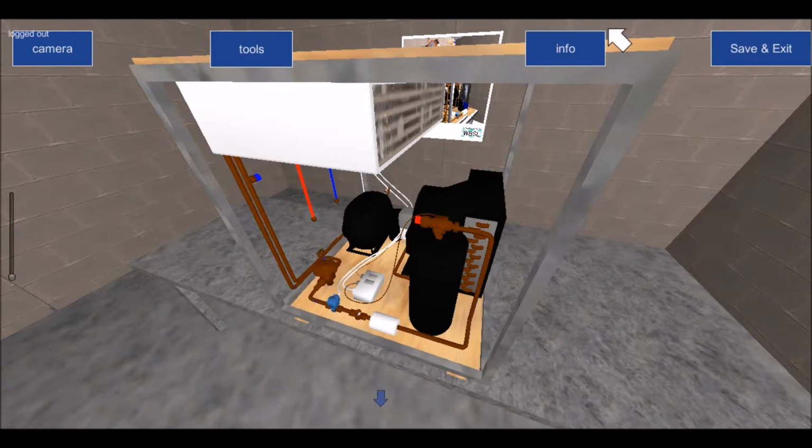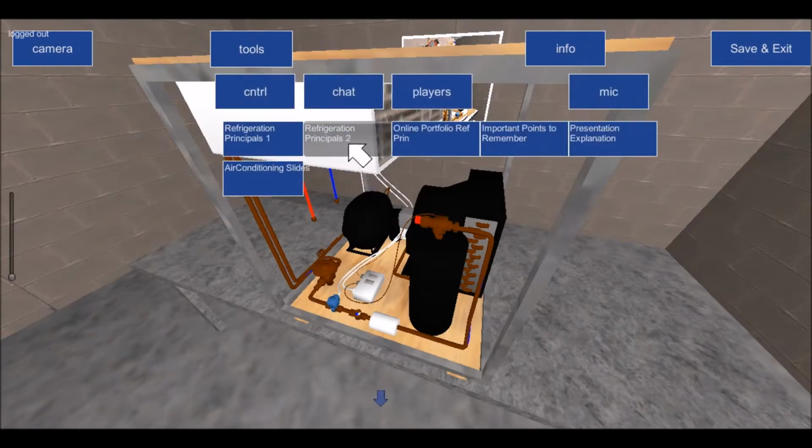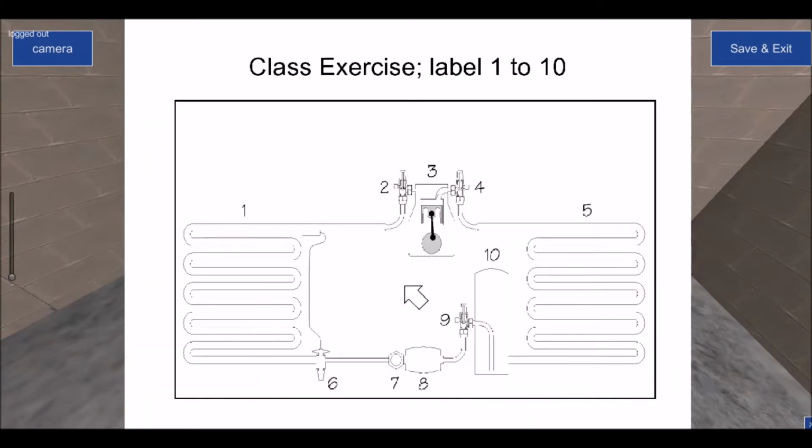And what I suggested was that we would take this drawing here, without the numbers, you don't need the numbers, but you can see there's a compressor, there's a condenser, there's a liquid receiver, there's your dryer, sight glass, expansion device, evaporator. These valves here, this is your suction service valve, your discharge service valve, liquid receiver service valve.